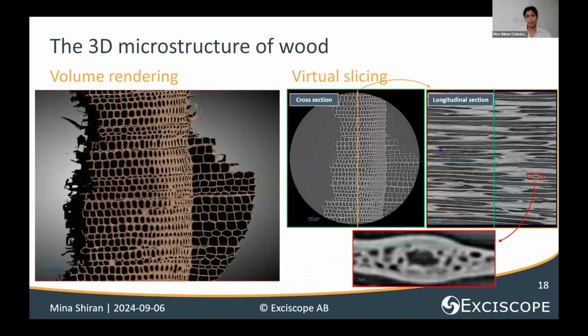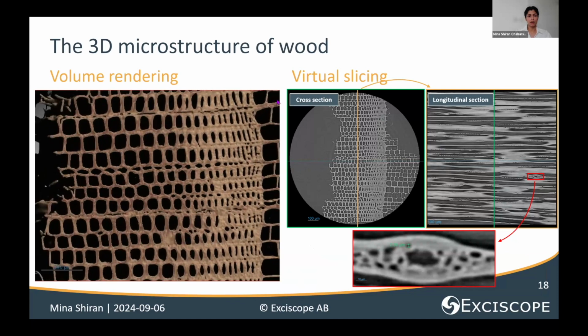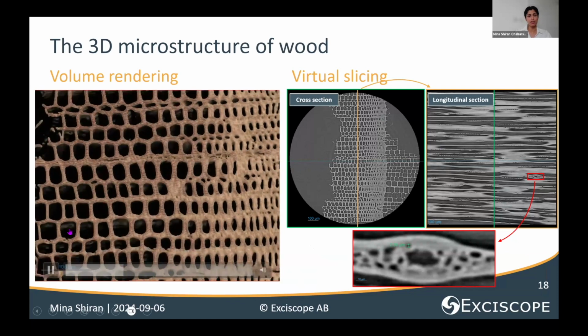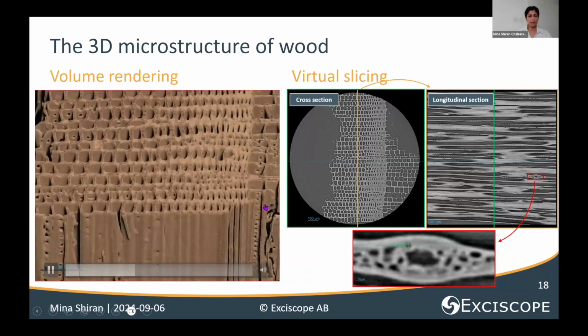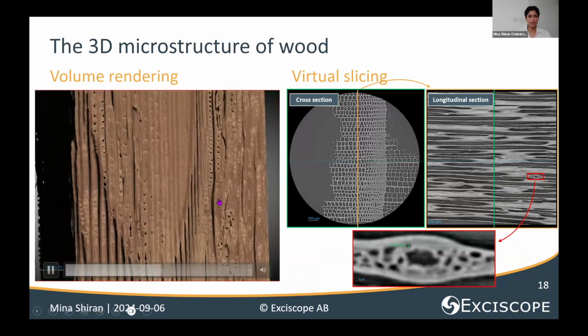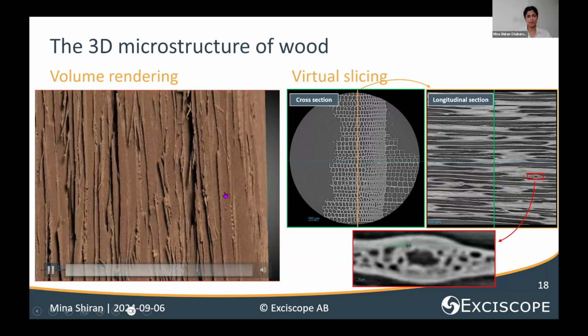The last example that I would like to share with you is the 3D volume rendering of a piece of wood. When you scan this piece of wood, you can look at it in different directions and basically virtually slice it in different directions.